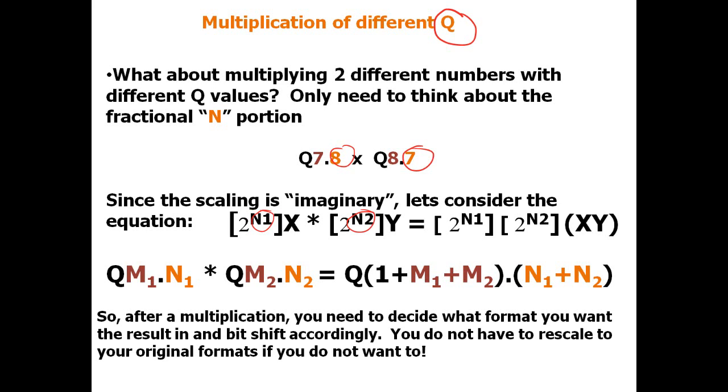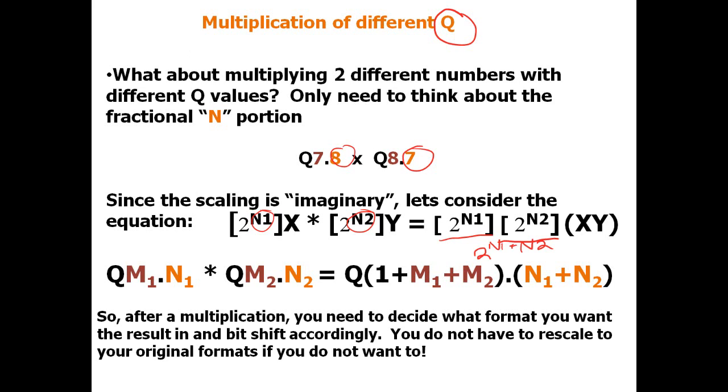So when we multiply, we have 2 to the n1, 2 to the n2 times our multiply. So we have this multiplied together. Remember, when we multiply exponents, we just add n1 plus n2.